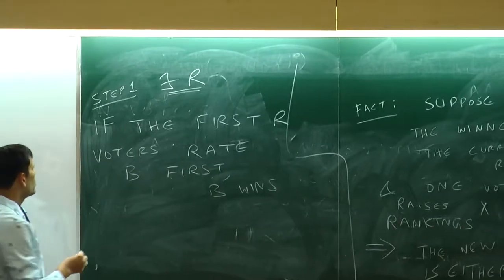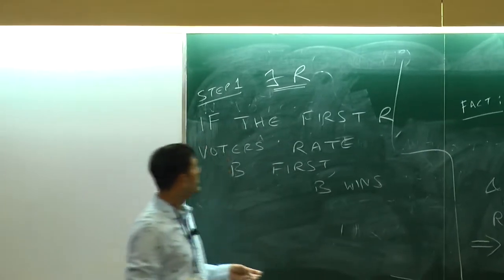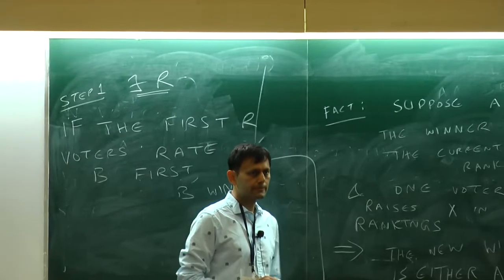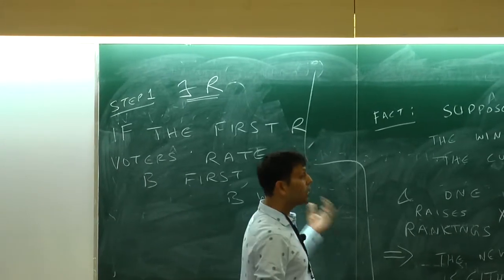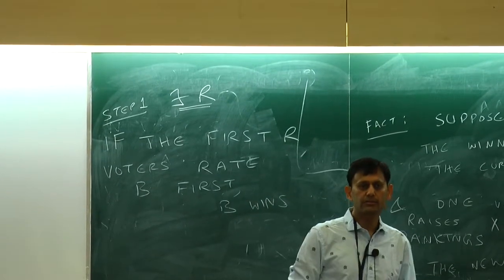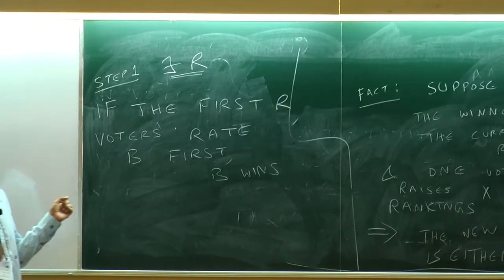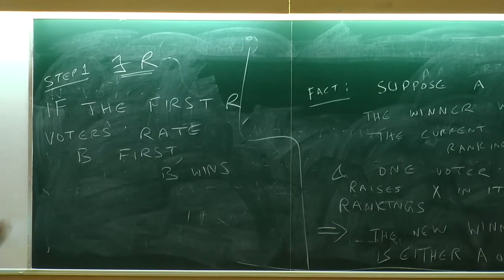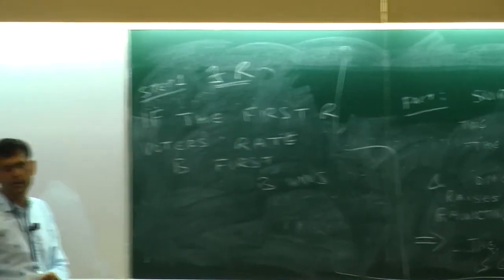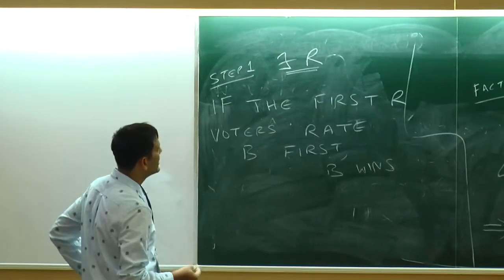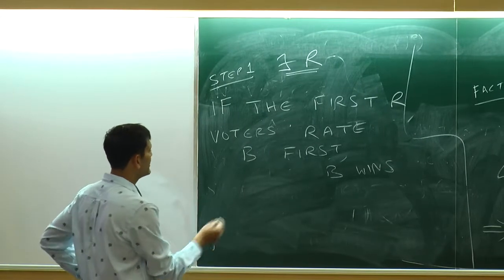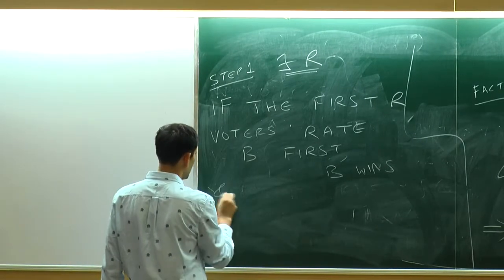Okay? R could be N, yeah. It could require unanimity for B to win, yes. And R could also be 1, where if the first voter says yes, then it wins.